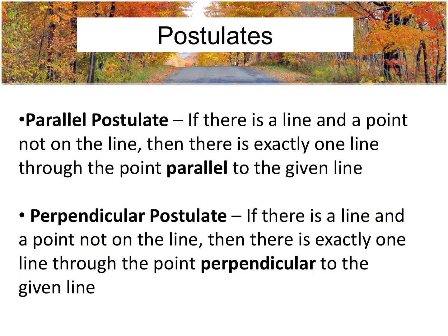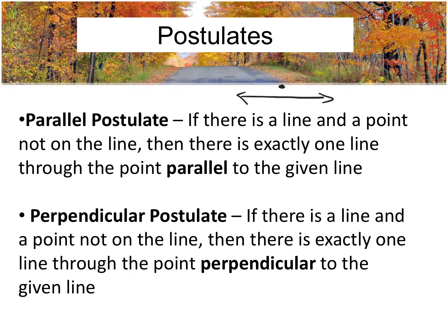The next slide has 2 postulates. The first one is called the parallel postulate, and this one states that if there is a line, I'll draw a line, and a point not on the line, so I could draw the point right above it, then there is exactly 1 line going through that point that would be parallel to the given line.